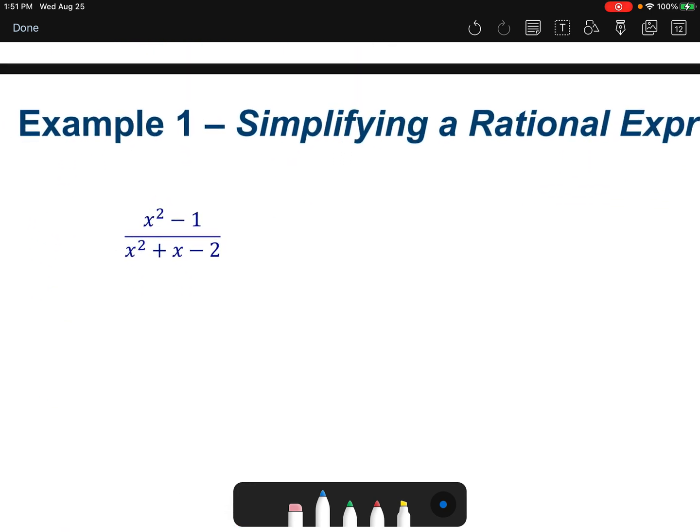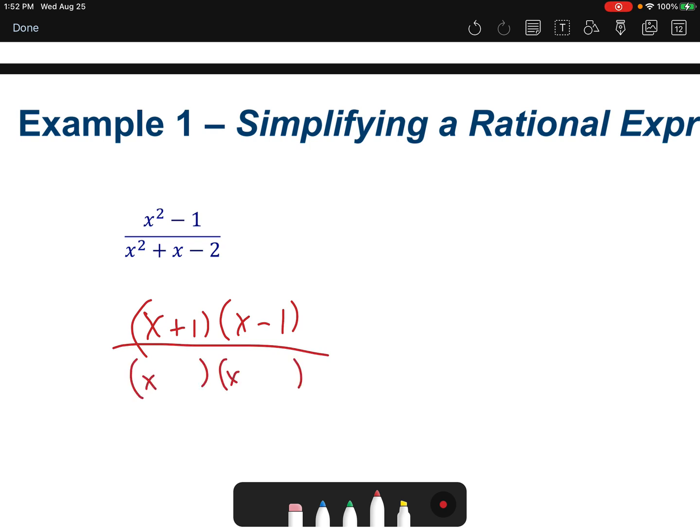Here's another one. If you recognize the numerator as the difference of squares, you can factor it. And the denominator will be a double bubble. And since this sign's negative, we know they're going to be different. And this is positive, so the 2 is going to go there because 2 minus 1 is 1.